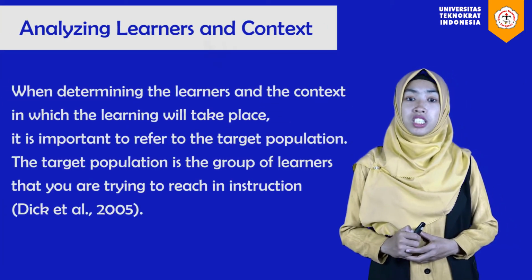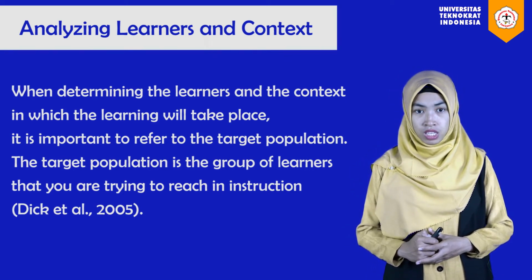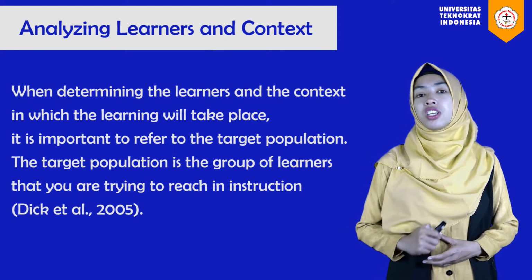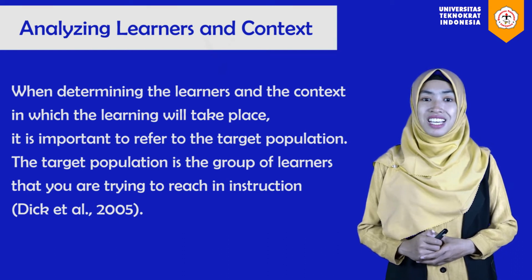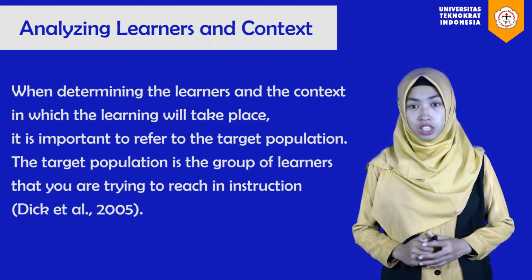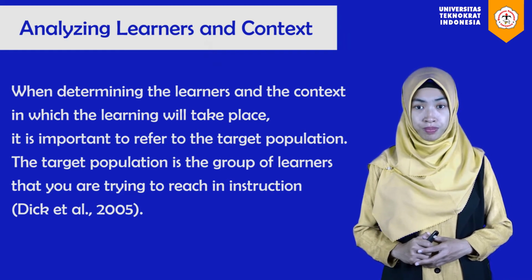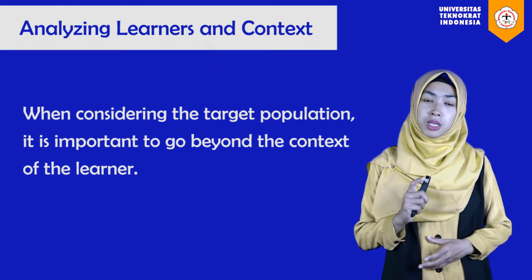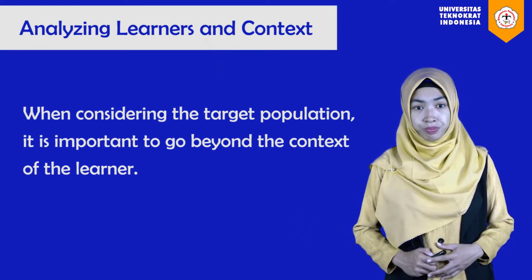After those 2 stages, we will do the next stage, that is analyzing learners and context. When determining the learners and the context in which the learning will take place, it is important to refer to the target population. The target population is the group of learners that you are trying to reach in instruction. Okay? When considering the target population, it is important for you to go beyond the context of the learners.